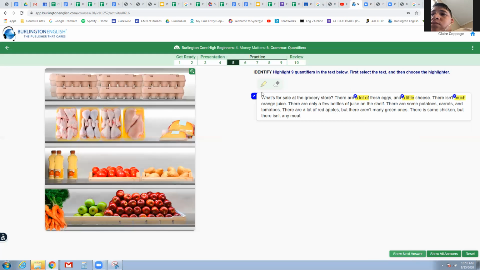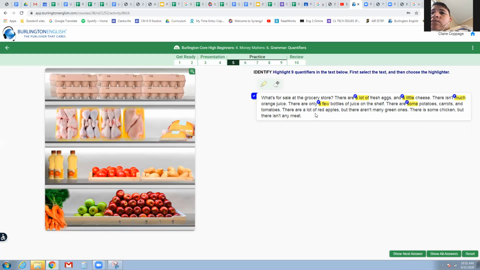Good. There are only a few bottles of juice on the shelf. Few. A few. There are some potatoes, carrots, and tomatoes. Some. Good.